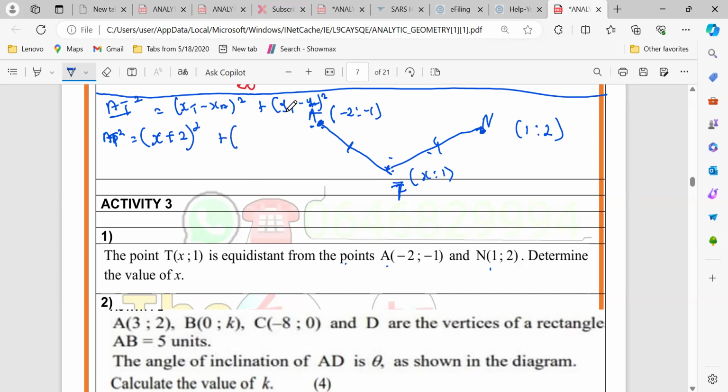Plus, what is y at T? It's 1, minus y at A, which is -1, so plus 1, all squared.